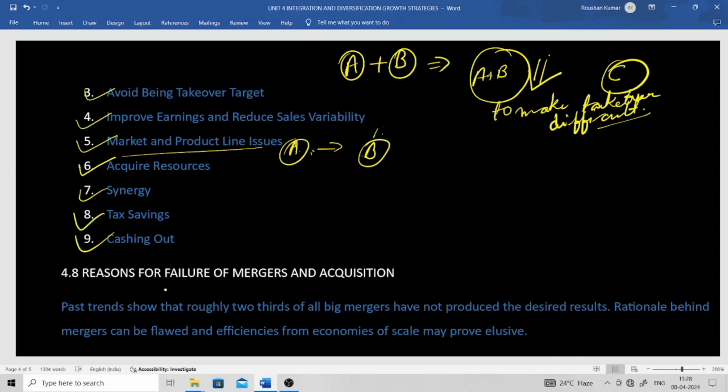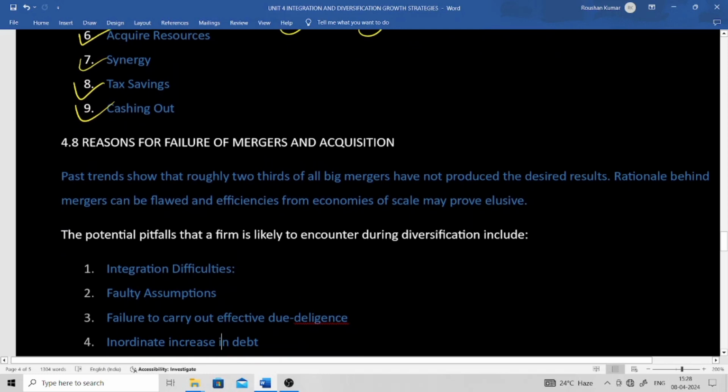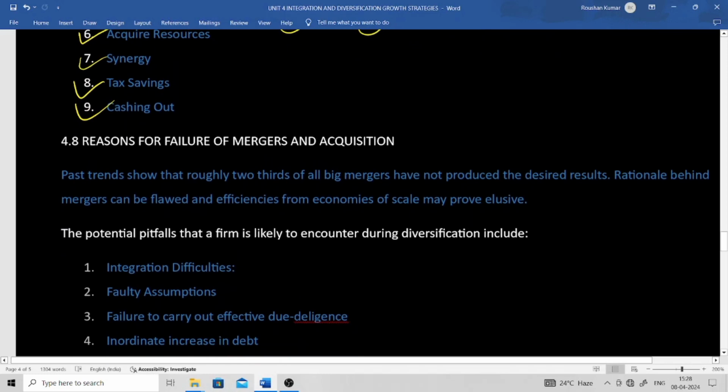Reasons for failure of mergers and acquisitions. What are the reasons? I think I should complete it in the next session.